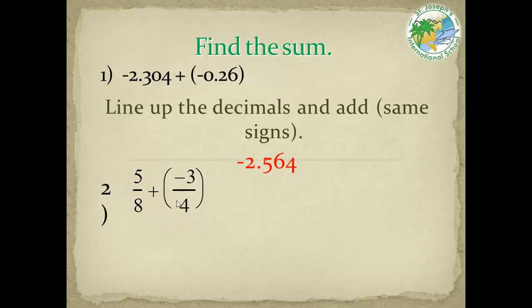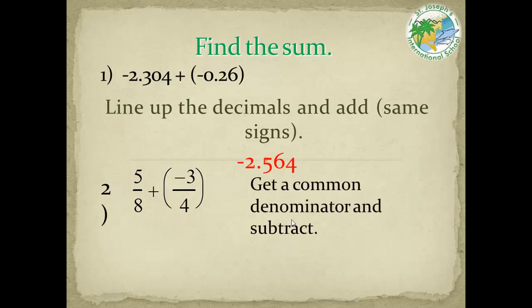How can we make the two denominators equivalent? We can change 4 into 8 by multiplying numerator and denominator. Multiply by what? Multiply by 2. Then 4 times 2 and negative 3 times 2. Get a common denominator.